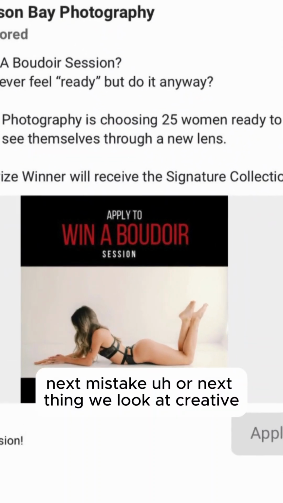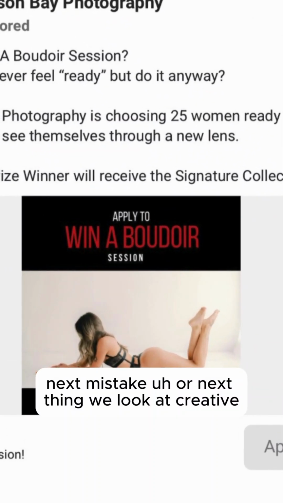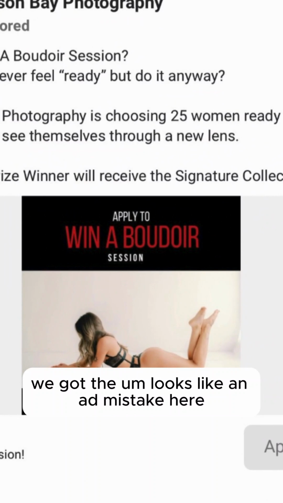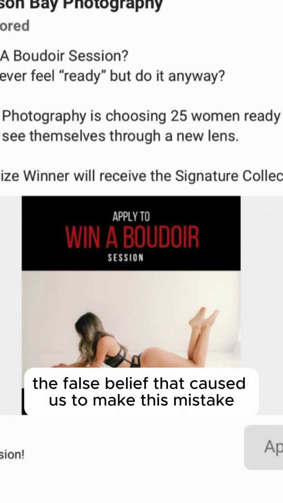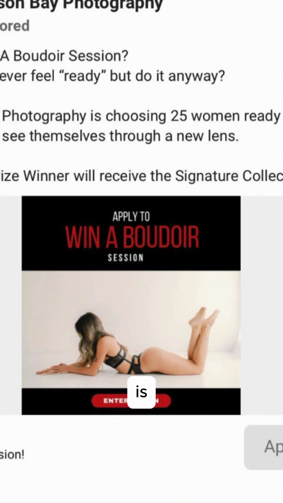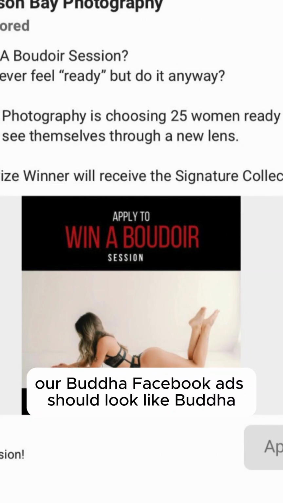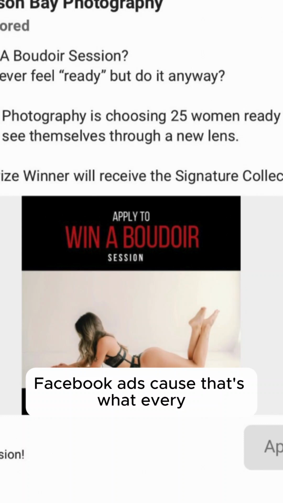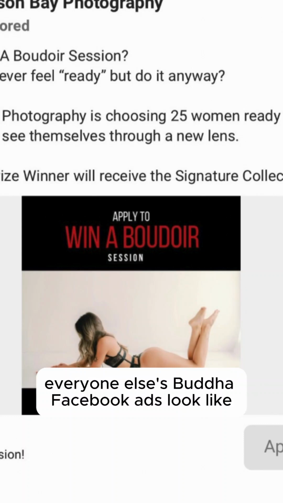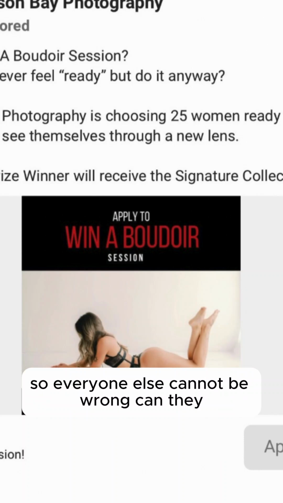Next thing we look at, creative. We've got the looks like an ad mistake here. The false belief that caused us to make this mistake is that we actually believe our Boudoir Facebook ads should look like Boudoir Facebook ads because that's what everyone else's Boudoir Facebook ads look like, so everyone else cannot be wrong. Can they?